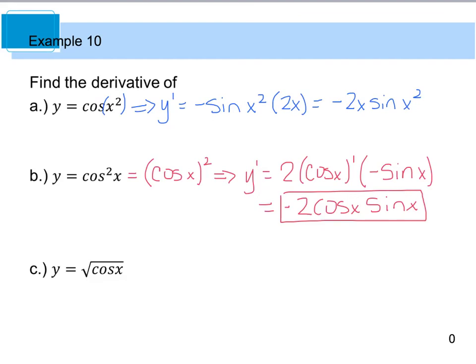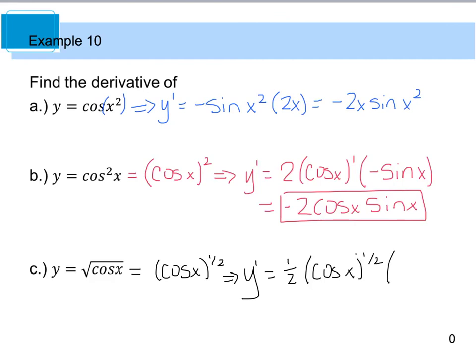And then for part C, I'm going to rewrite this as the cosine of x to the 1/2. So when I go to find y prime, I really have to do the chain rule, which is 1/2 times the cosine of x to the negative 1/2. Then I have to multiply it by the derivative of the inside function, which would be a negative sine x.